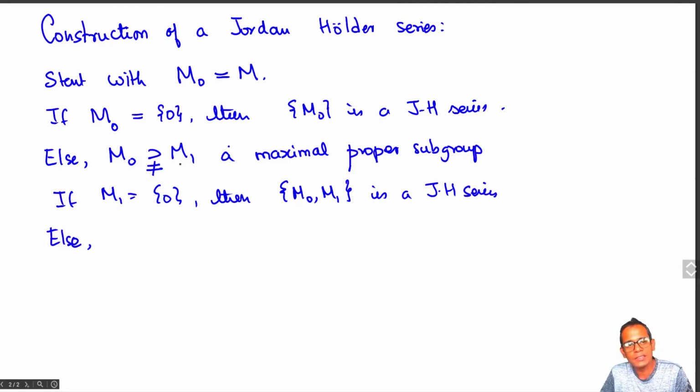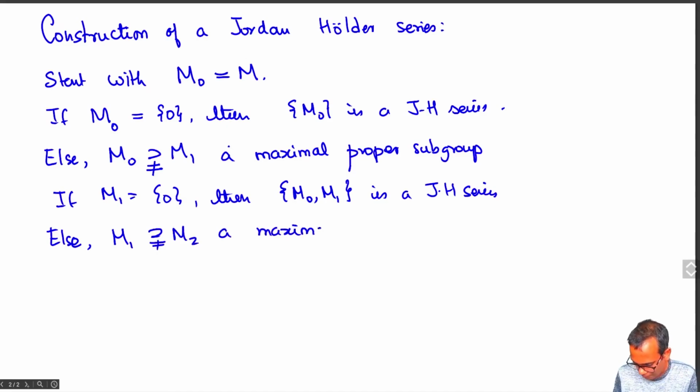M1 must also satisfy the ascending chain condition. It inherits the ascending chain condition from M0 because every sequence of submodules of M1 is also a sequence of submodules of M0. So M1 again satisfies the ascending chain condition. So M1 contains M2, a maximal proper submodule.